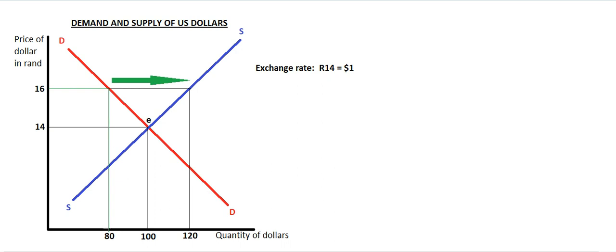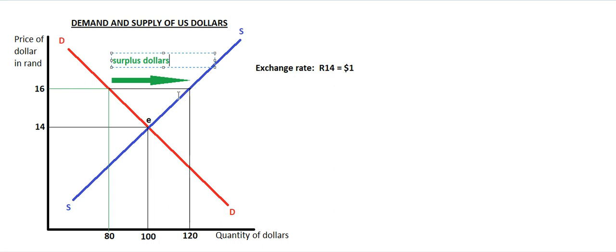And this is going to cause a surplus on the market, a surplus of dollars. There's going to be dollars left over, because more people want to sell than to buy. The 120 people wanting to sell are going to realize that there are only 80 people wanting to buy.